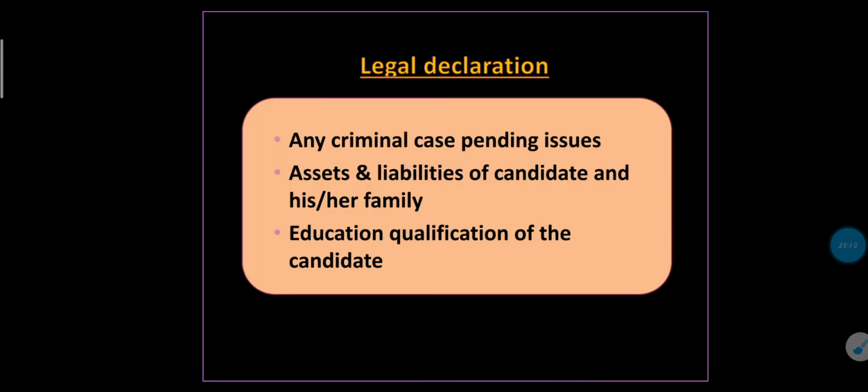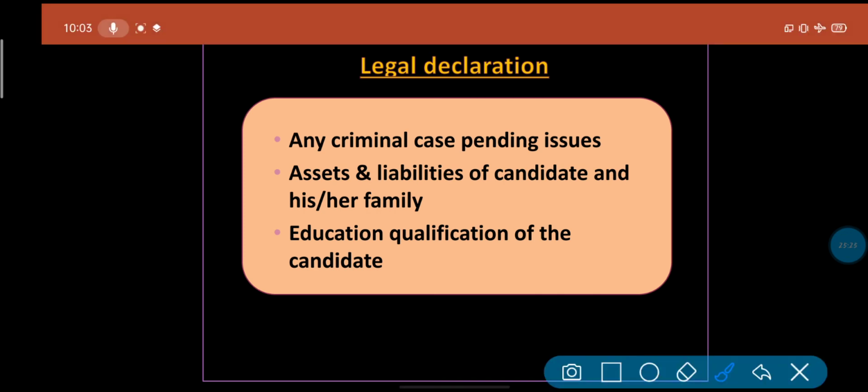Not only that, some legal declarations are also made by the candidate. Those who want to be chosen as a candidate have to legally declare some things publicly: whether any criminal cases are pending or not, the assets, liabilities and properties of the candidate and his or her family, and the educational qualification of the candidate.